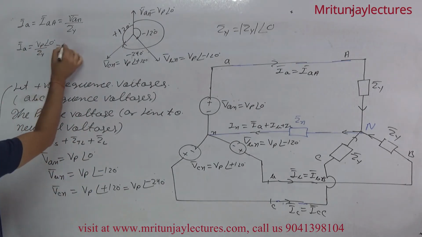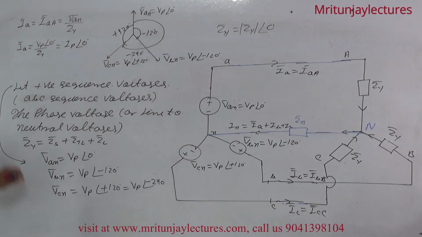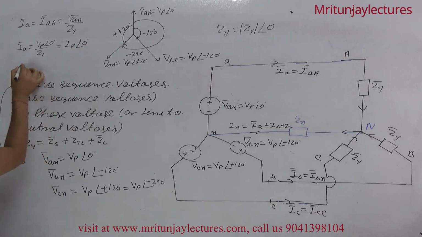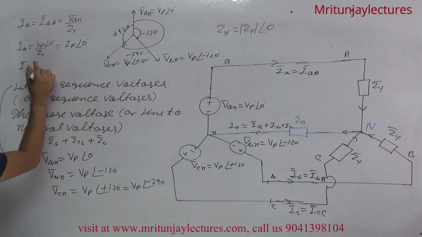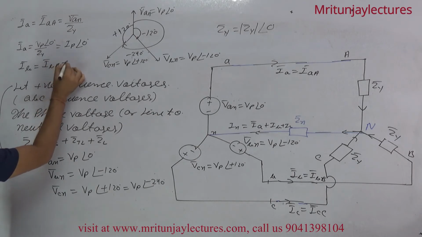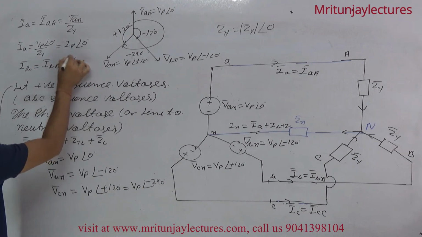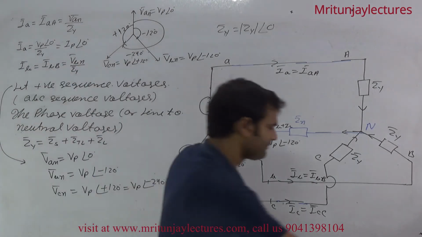Then this one is Vp at the angle 0. Now what about IB? IB will be equal to VBN divided by Z.